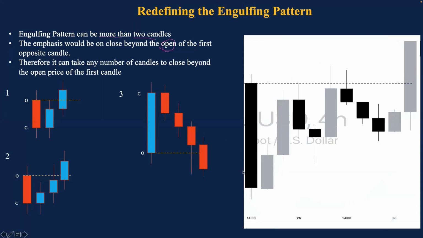In this particular situation, this candle has not been engulfed here. It got engulfed only when it closed here, right? This is an engulfing. This is also an engulfing, right? This didn't engulf until this candle went and closed above, okay? So this is a good example.